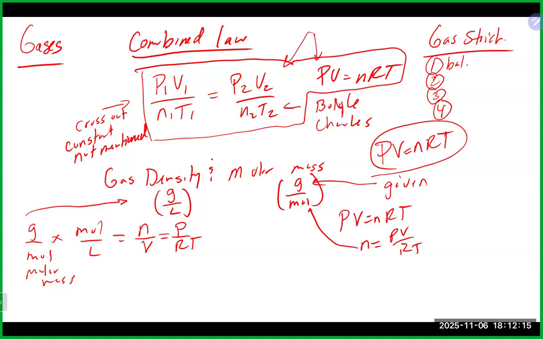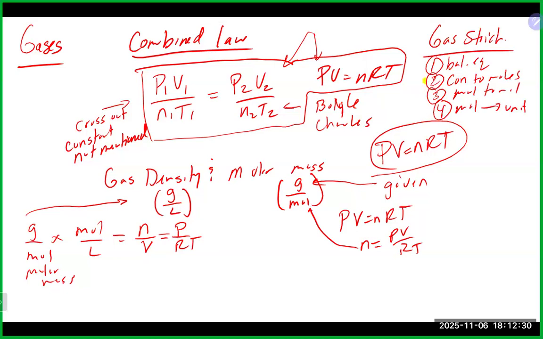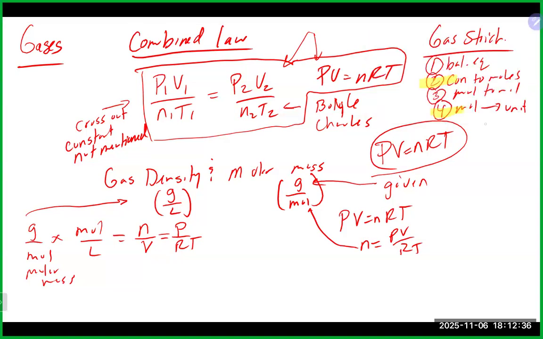Obviously, we balance our equation, we convert to moles, we do our mole to mole relationship, and then moles to some other unit. So either in step number 2 or step number 4, or sometimes you might even use it in both places, you're going to probably use the ideal gas law.